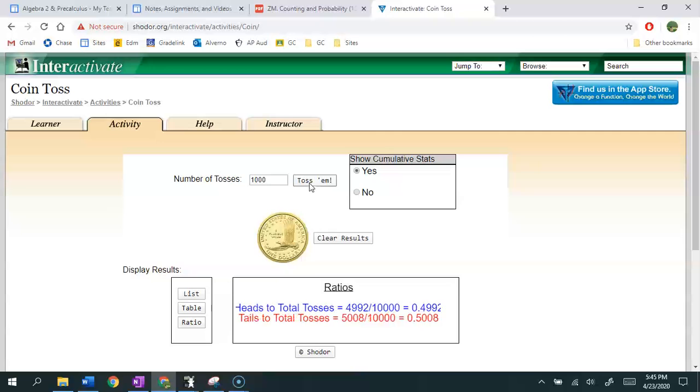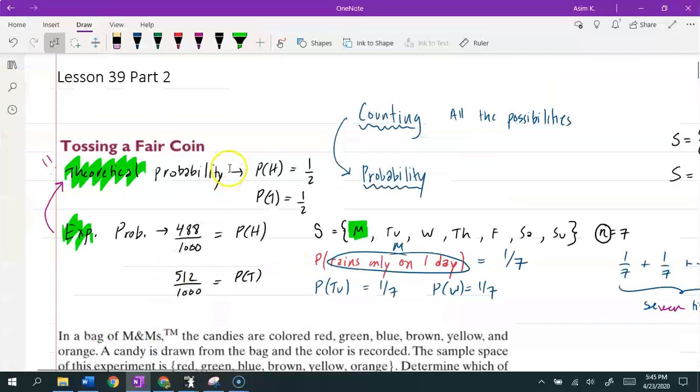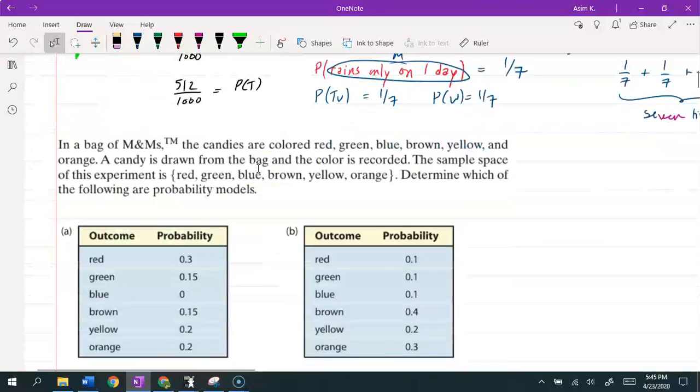No matter how you slice it, it's going to be that. You can already see that it's approaching. There's 0.499 and 0.500. So it just boggles the mind. Like, how can that possibly be? But that's a fair coin, and that is what we expected. So eventually that experiment will turn into what your expectation is going to be. But you have to experiment for many of those tosses.